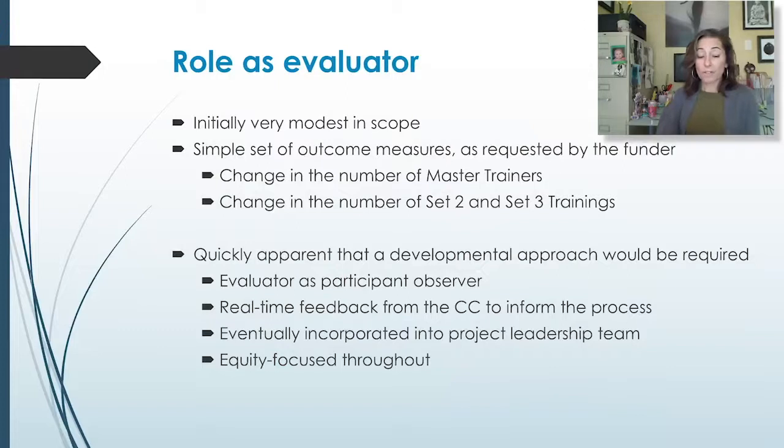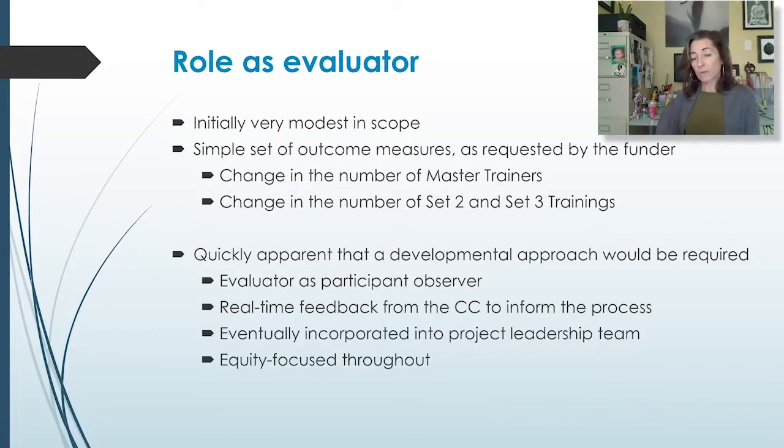I also wanted to talk a little bit about my role as evaluator and how that has really evolved over time as well. The original evaluation contract was pretty modest in scope and focused on two basic outcomes: the change in the number of master trainers and the change in the number of Set 2 and Set 3 trainings.